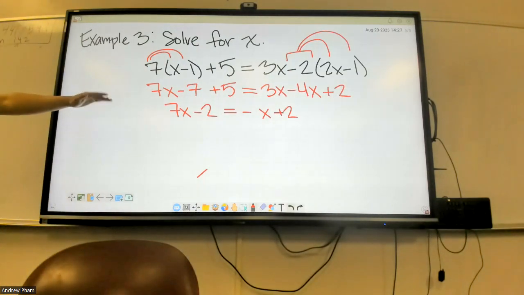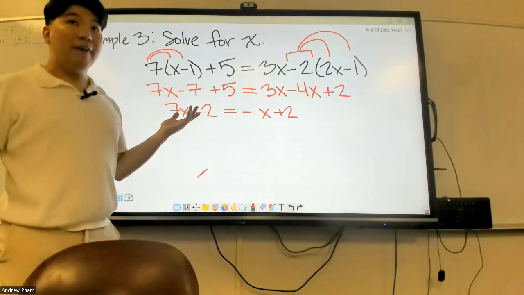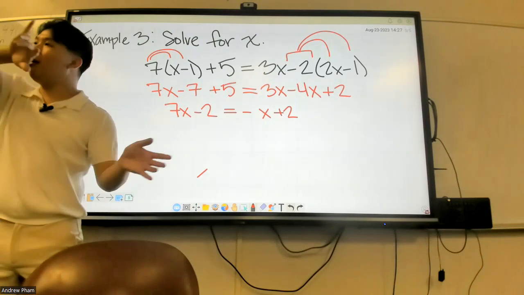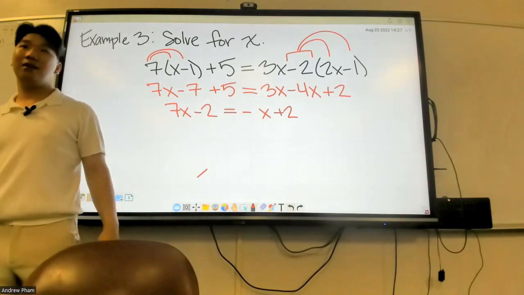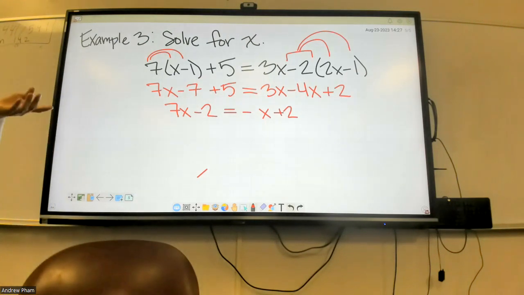All right, so now what can I do? Or someone lead me, what's the next thing I can possibly do? Yeah, so I know if I want to solve for x, usually I want to move all the x's to one side and all the plain numbers to the other. So a lot of people are probably going to move the x's to the left.